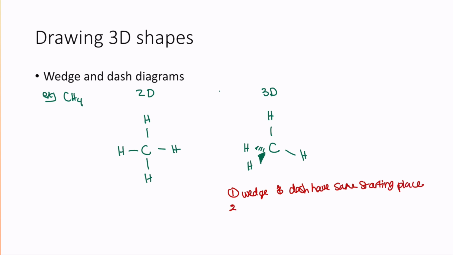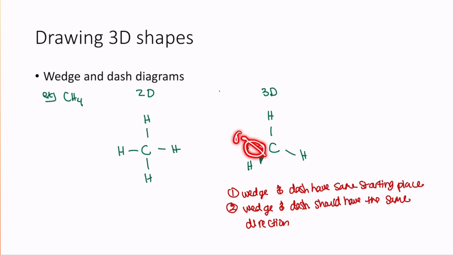The next thing is the wedge and the dash should have the same direction. So this is what I see a lot. See how this hydrogen almost looks like it's going up?